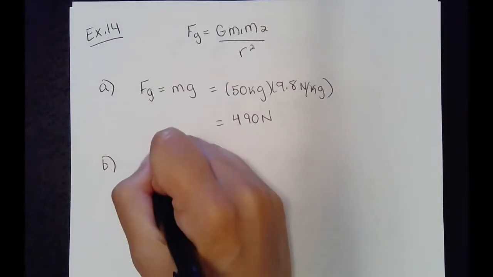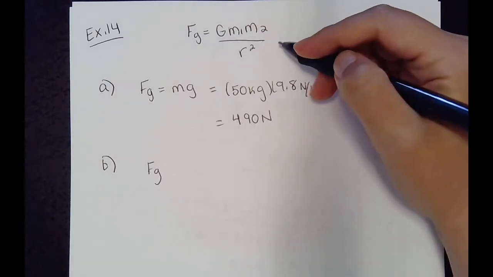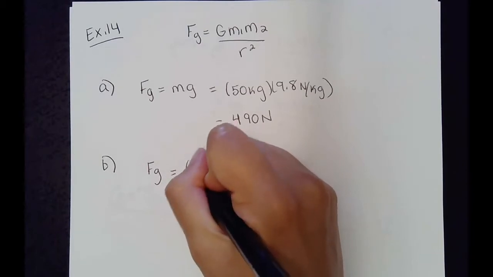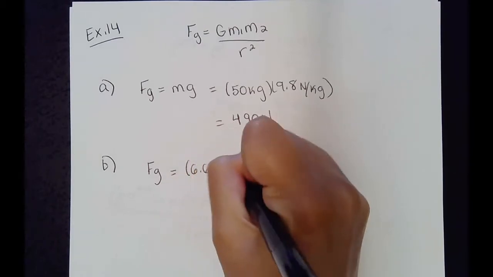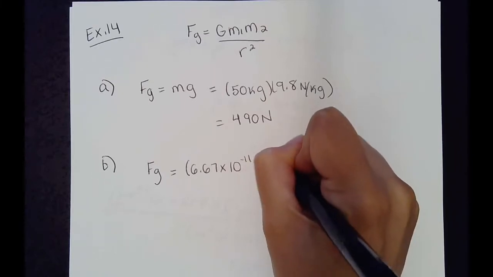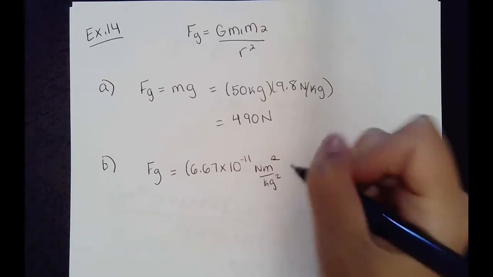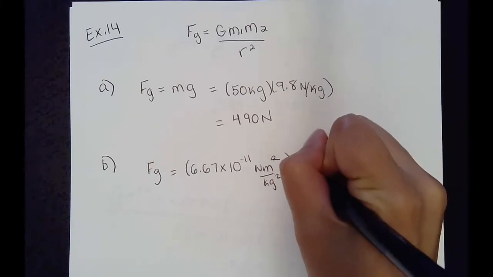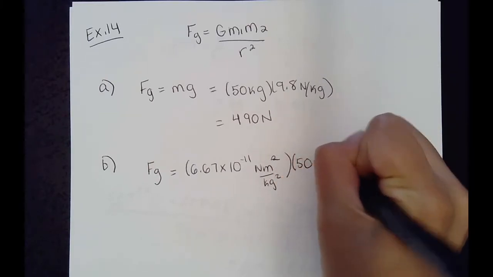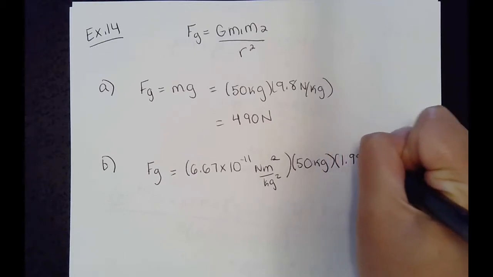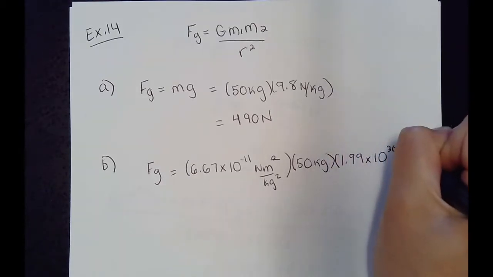Okay, now the force due to the Sun, we'll use the full form of Newton's law of gravitation. So this is going to be G, 6.67 times 10 to the negative 11 Newton meters squared per kilogram squared, times 50 kilograms times the mass of the Sun, which is 1.99 times 10 to the 30 kilograms.